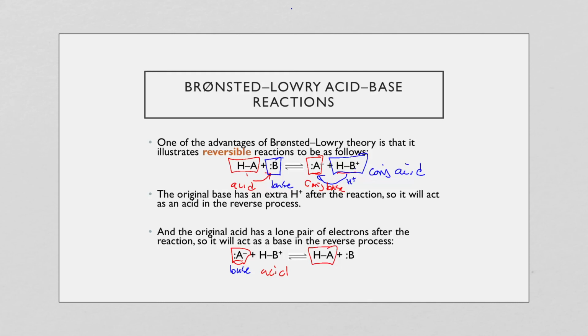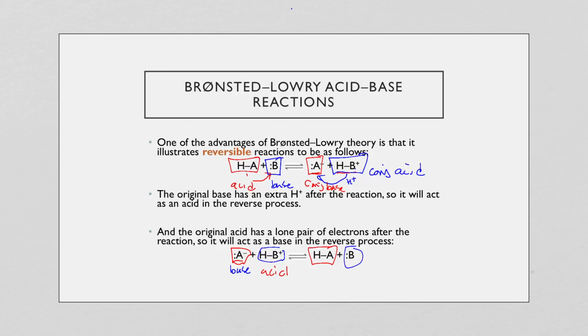So A gains the H plus, now the A minus is functioning as a base, and gains an H plus to go back to our original acid. And the conjugate acid of our original base reacts to go back to form the original base.